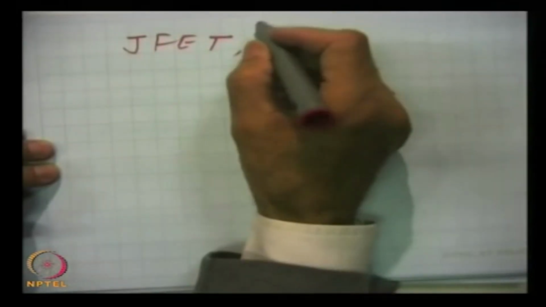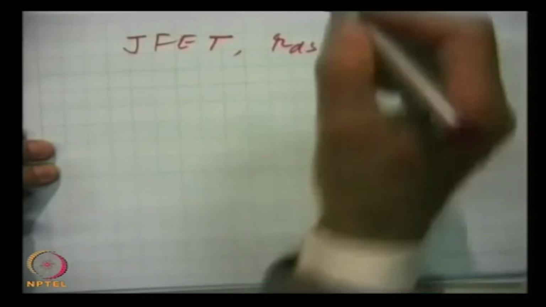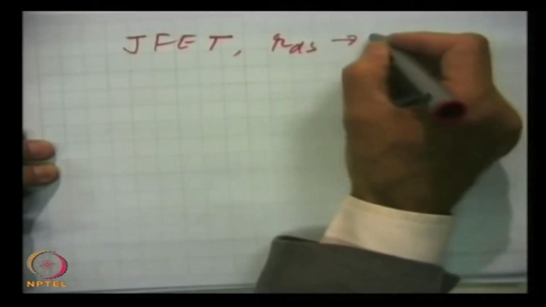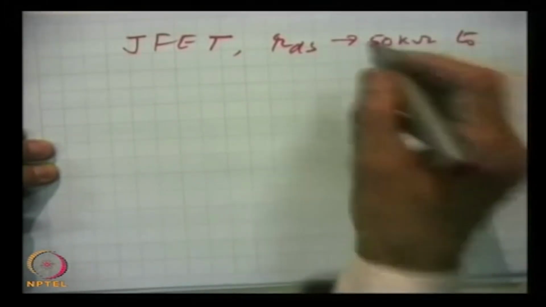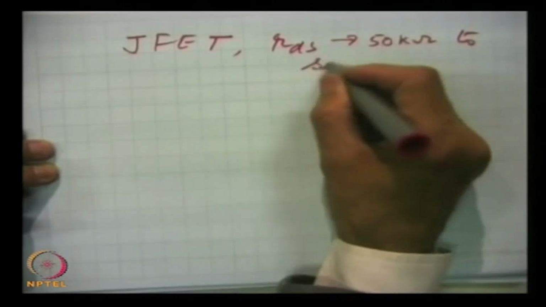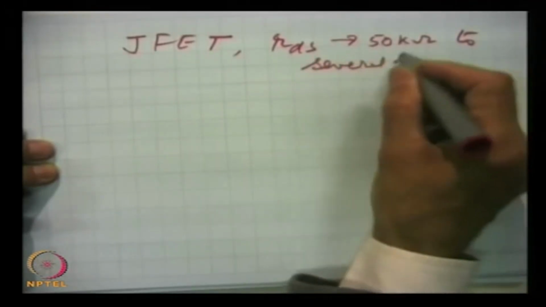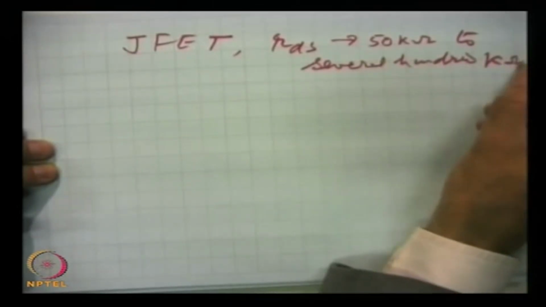And for JFET, RDS or simply RD is 50 kilo ohms to several hundred kilo ohms.